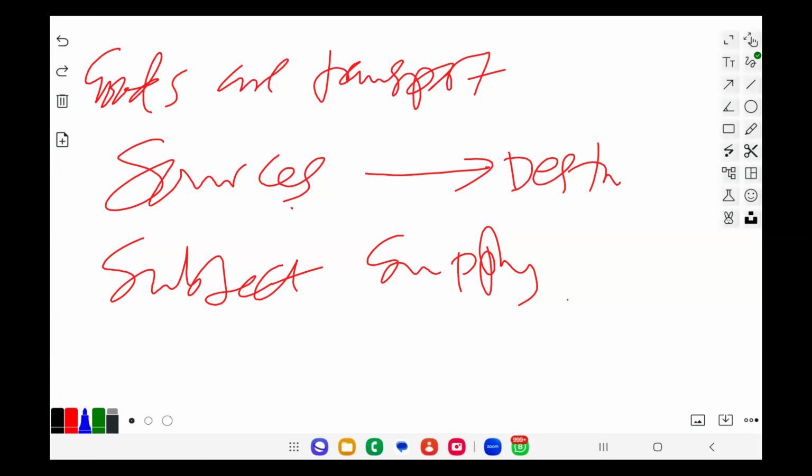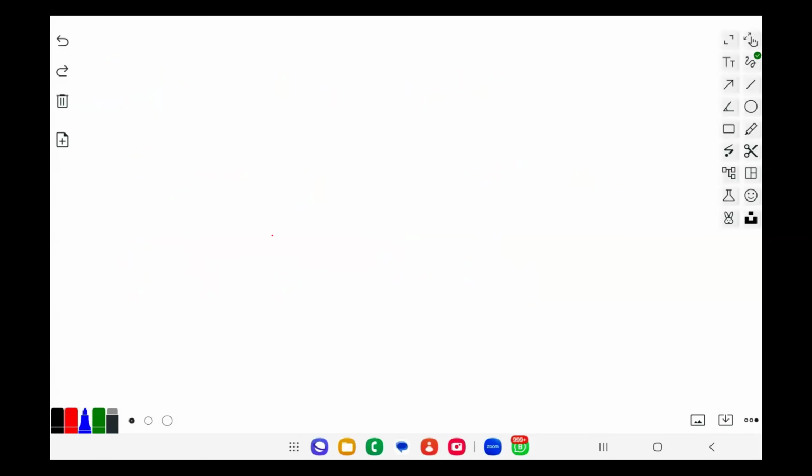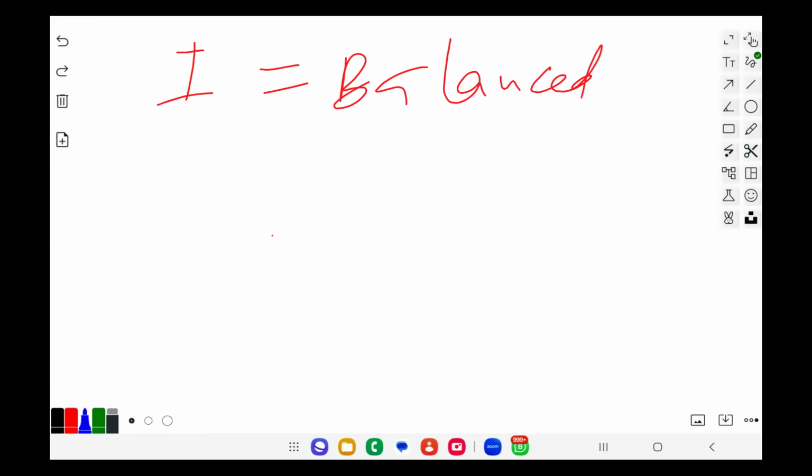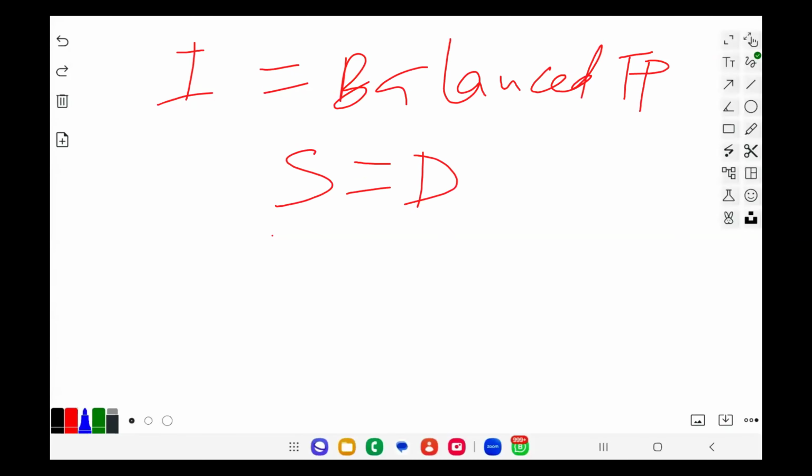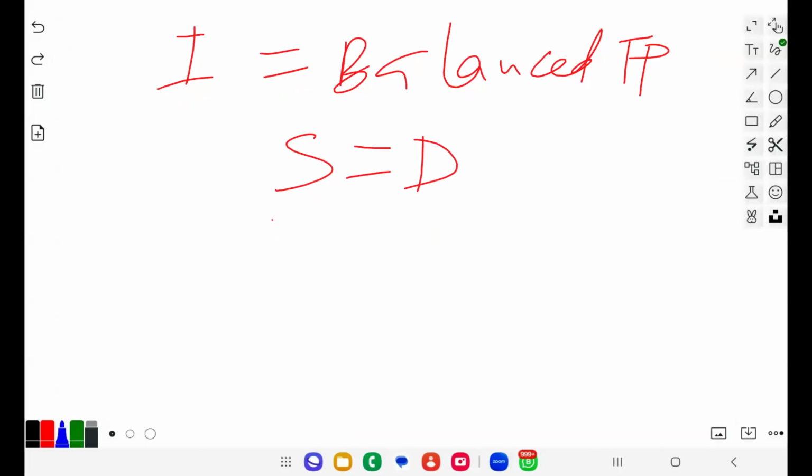Following, sir. Okay. So now the different types that are available: one, there is what we call a balanced transportation problem, TP. This is where supply equals demand.